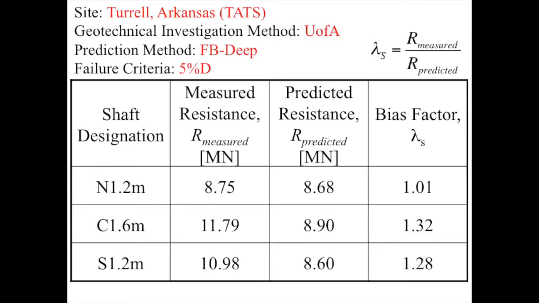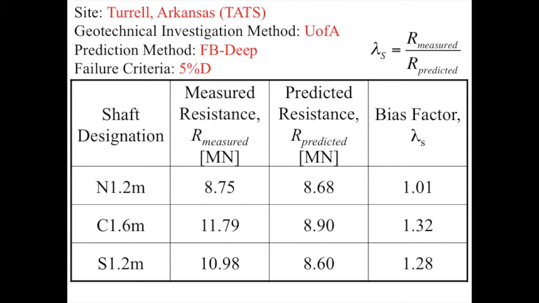Using a method similar to what was presented earlier in this video, bias factor values of 1.01, 1.32, and 1.28 were obtained for the 3 drilled shaft foundations that were tested at the Turl, Arkansas test site.